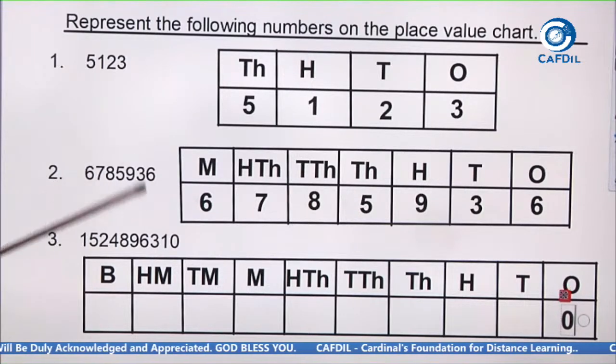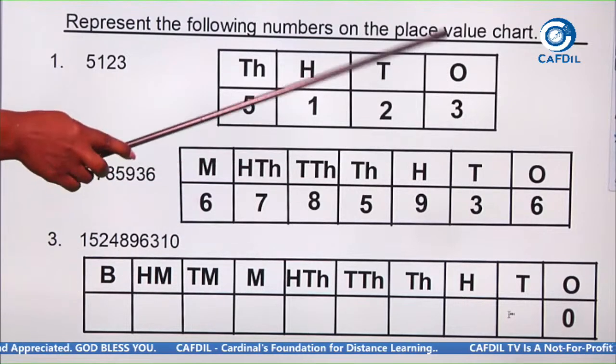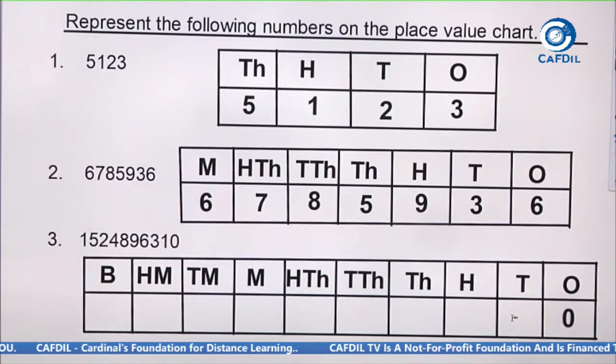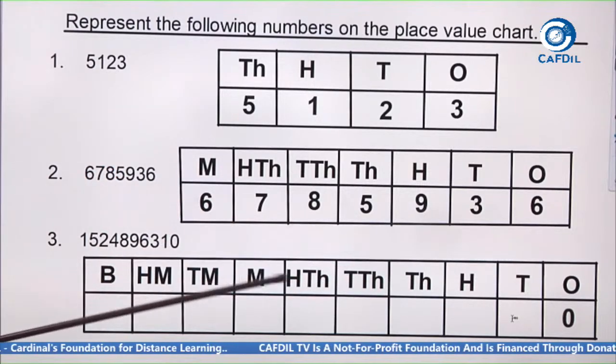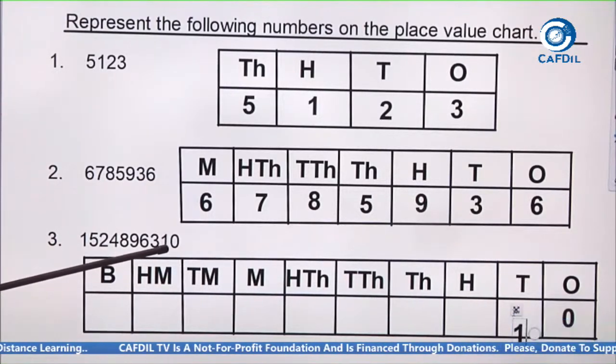So we begin with the last digits. You start from your extreme right. So we have the 0 under the ones column. The next digit is 1.